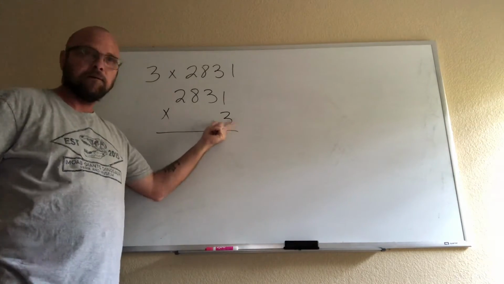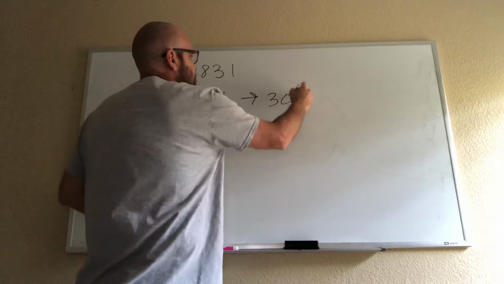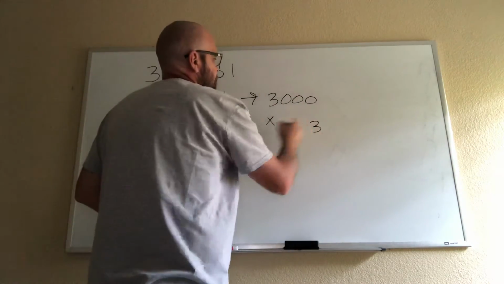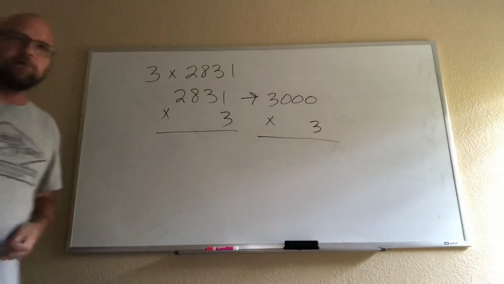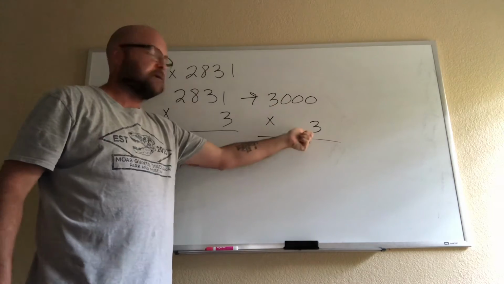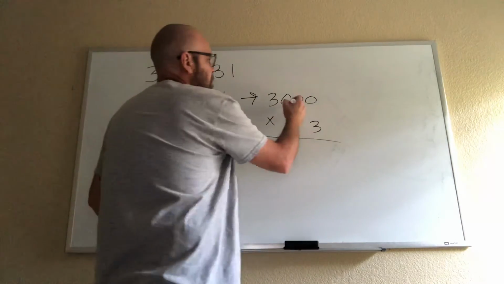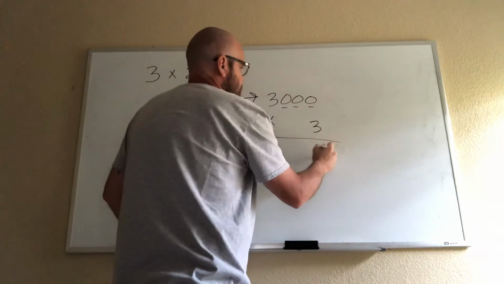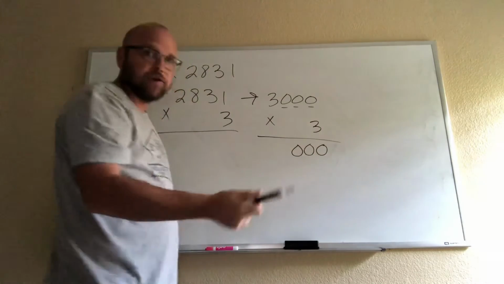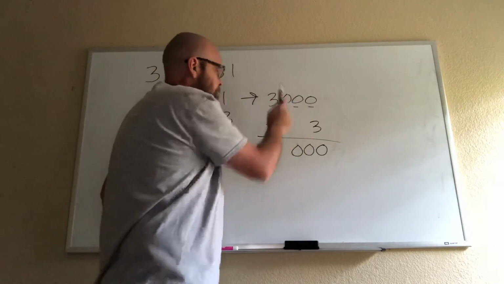Estimating it, I'm going to change 2,831 to something that's easy for me to multiply by 3 in my head. So I'm going to change that to 3,000. And I'm going to leave the one-digit factor the same. That is my estimate. Well, I know what 3,000 times 3 would be is 9,000. I can take these 3 zeros and just move them straight down, because if I did the actual multiplication, 3 times 0 is 0, three times.